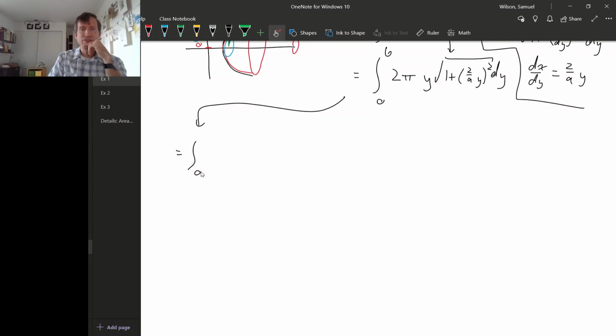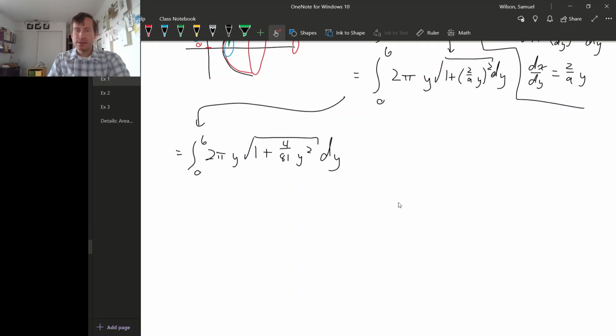So the integral from 0 to 6 of 2π times y times the square root of 1 + (4/81)y² dy. For this situation, because we have a squared term inside and a y outside, a u substitution will do the job.